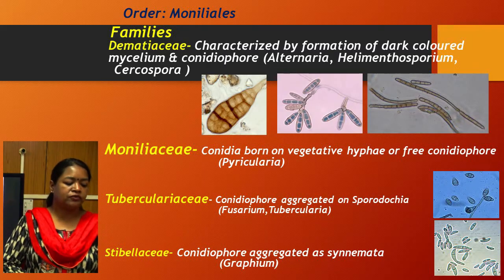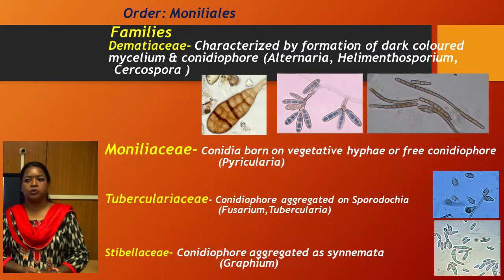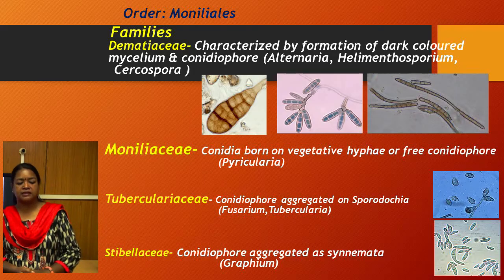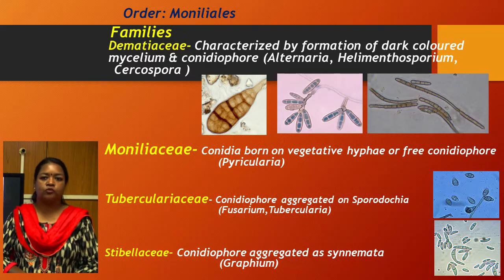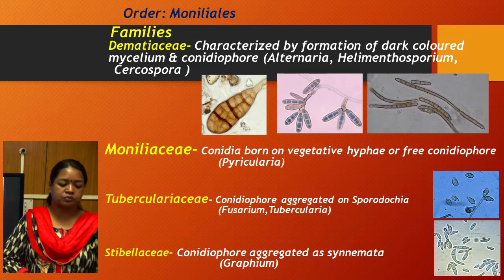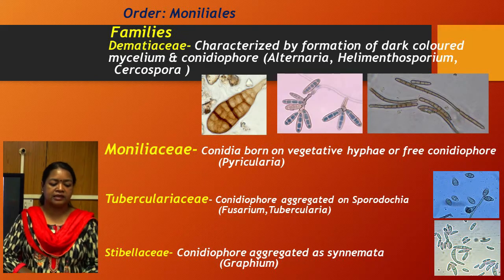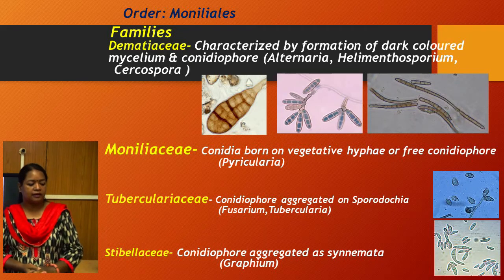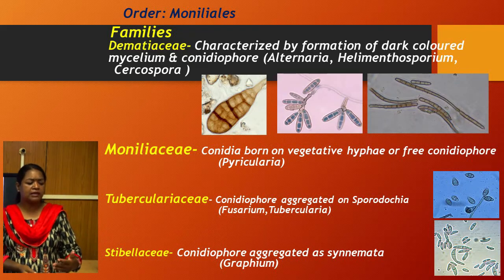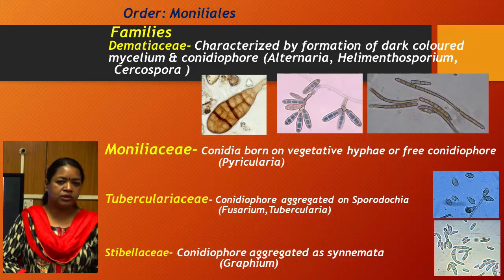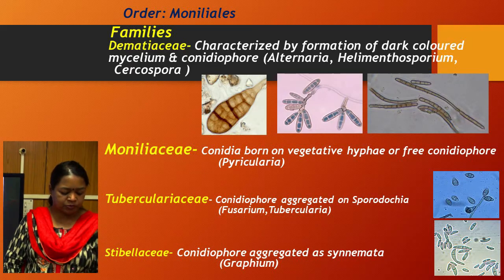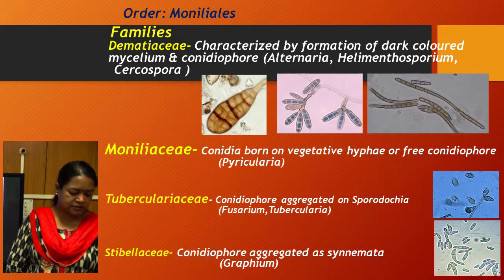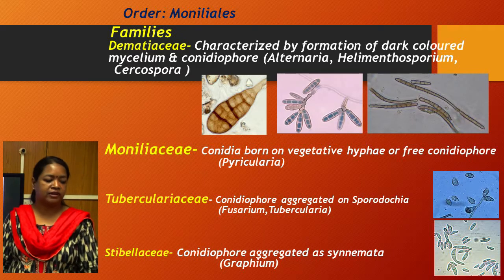Here the conidiophores are aggregated on sporodochia, and the important genus is Fusarium, which is the causal organism of wilt of many host plants, and another genus is Tubercularia. In the family Stilbaceae, the conidiophores are aggregated as coremia. An important genus belonging to this family is Graphium.